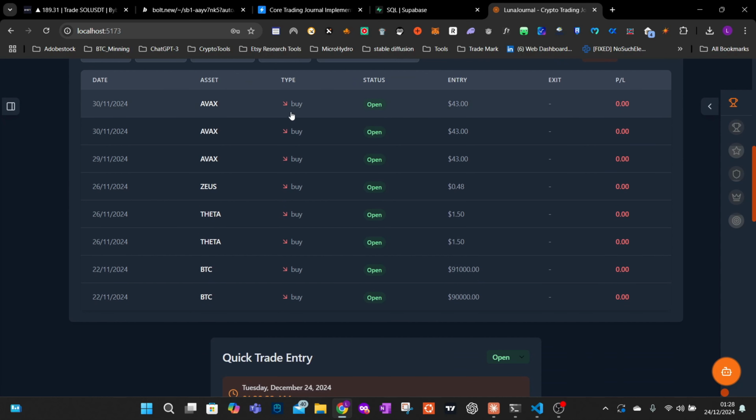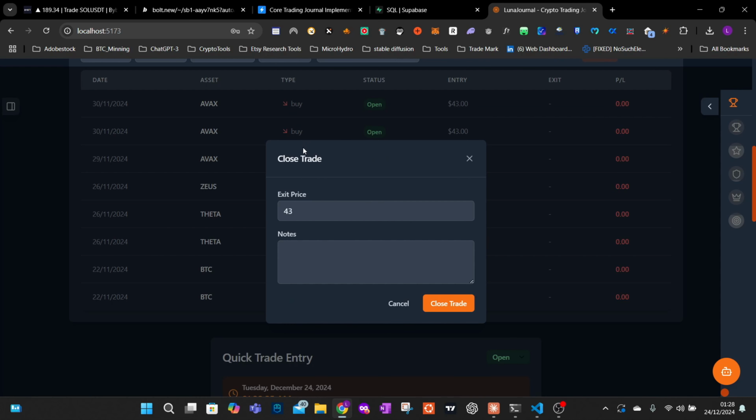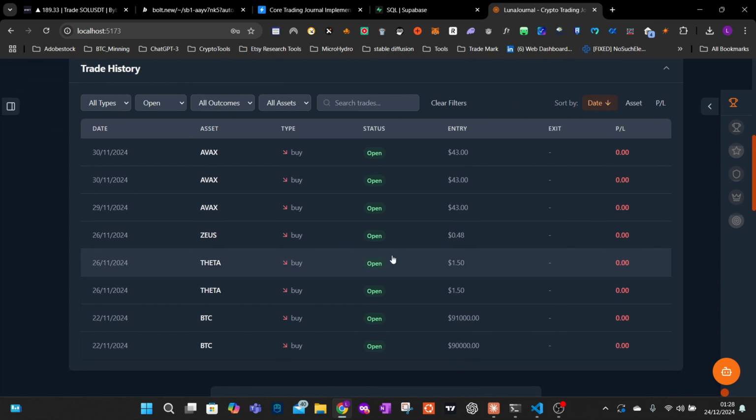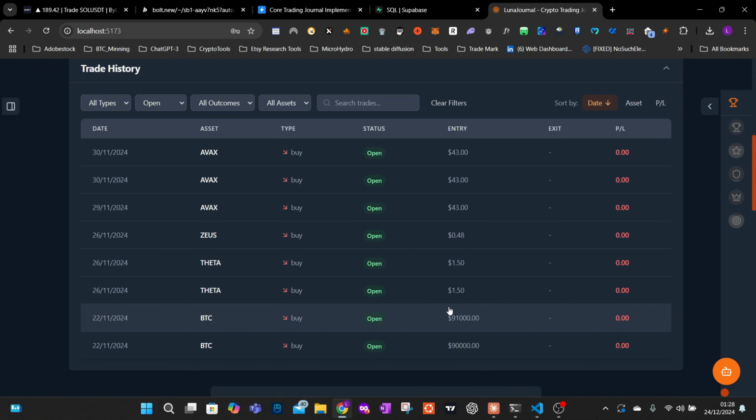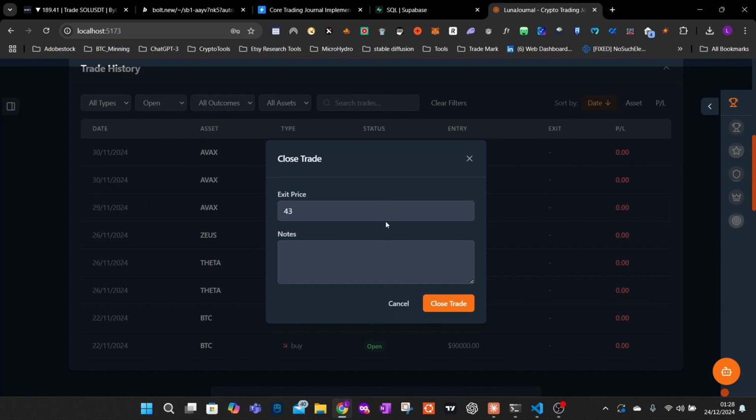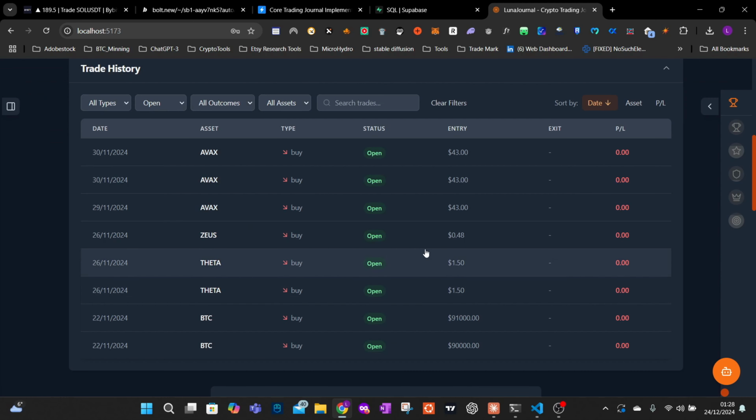Let's close the AVEX. We got in at 43. Let's say we sold at 40 for a loss. Let's say we sold this one for some gains. Seems all the AVEX trades, okay, close that.